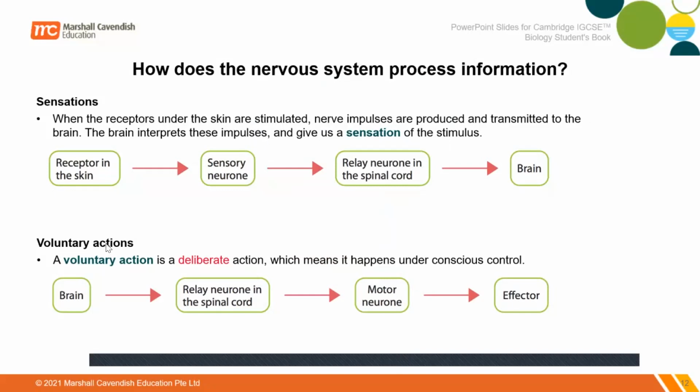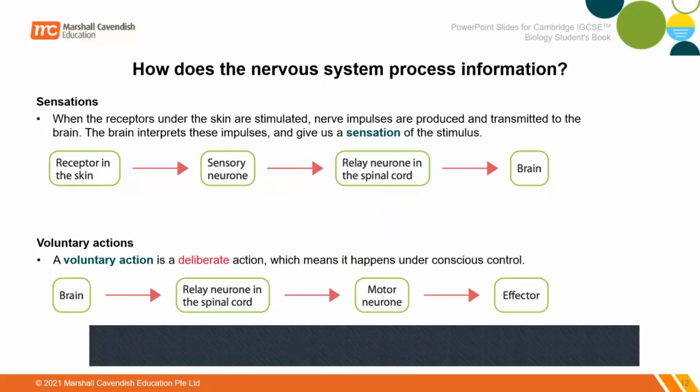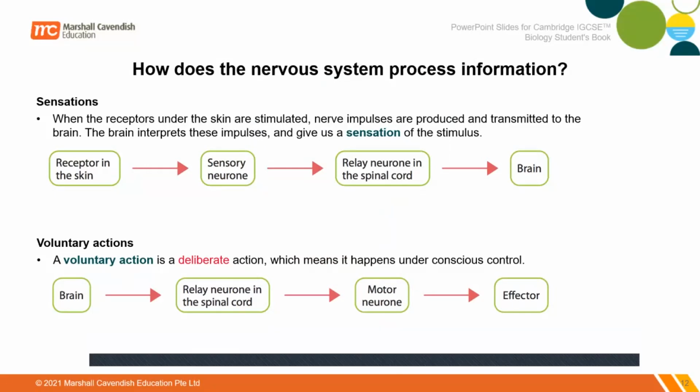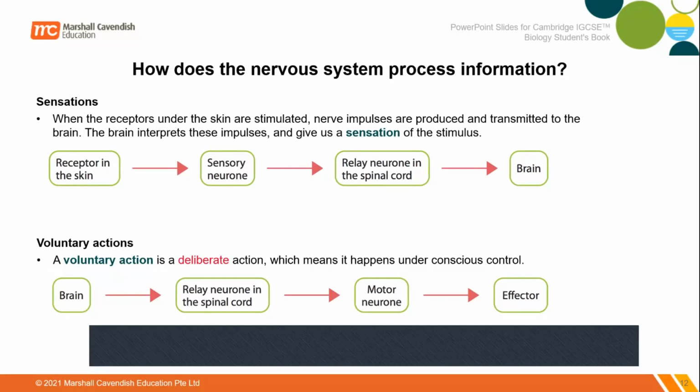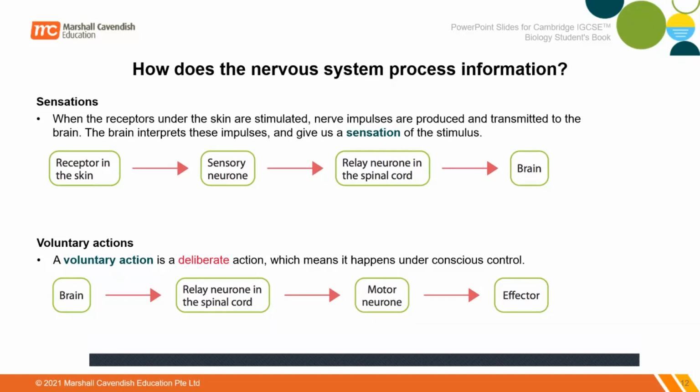We tried to joke a little just to take a break from the topic, but this slide is already here, Dan. The sensation and the voluntary action, how your body is responds to any receptor. When we have a receptor in our skin and we have a stimulus, the sensory neuron sends the message to the relay neuron and then the brain.